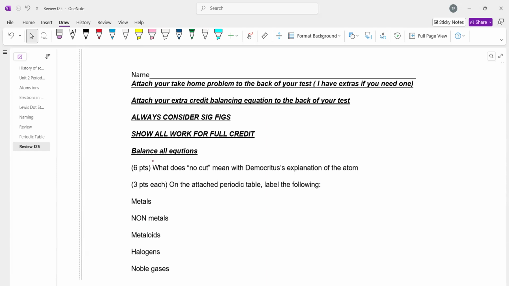That's where the word atom comes from. No cut means if you keep dividing the molecule up until it's no longer that molecule. We used an apple as an example: if you keep cutting the apple, and all of a sudden it's no longer an apple, that's the atom Democritus was talking about.